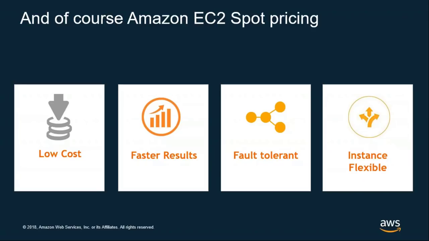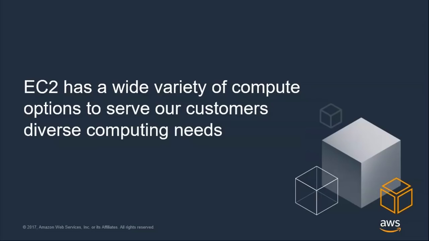So, hopefully you already knew this, but in case you didn't, hopefully by now you know that EC2 has a really wide variety of compute options and pricing models to serve your diverse computing needs. And while most customers have told us that being able to select a specific instance and purchase model for their workload really matters, some customers have said that they want the flexibility to use multiple instances or multiple purchase models together.